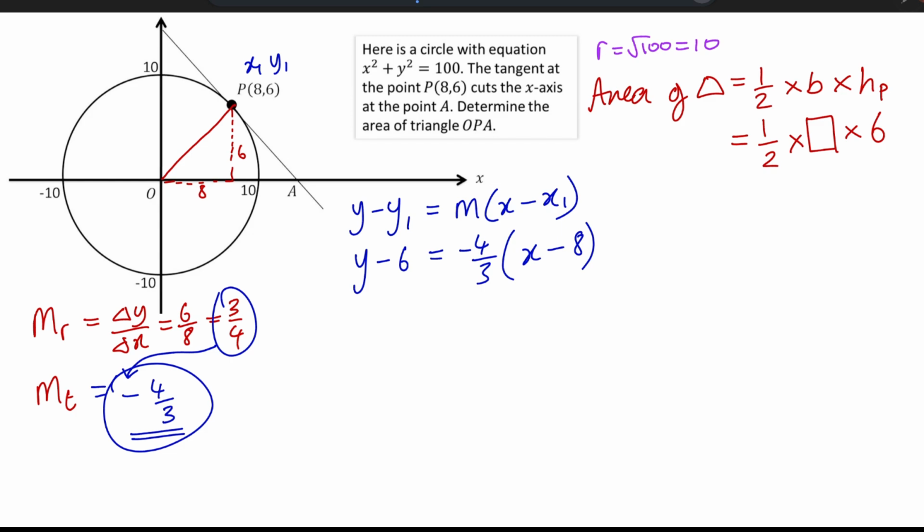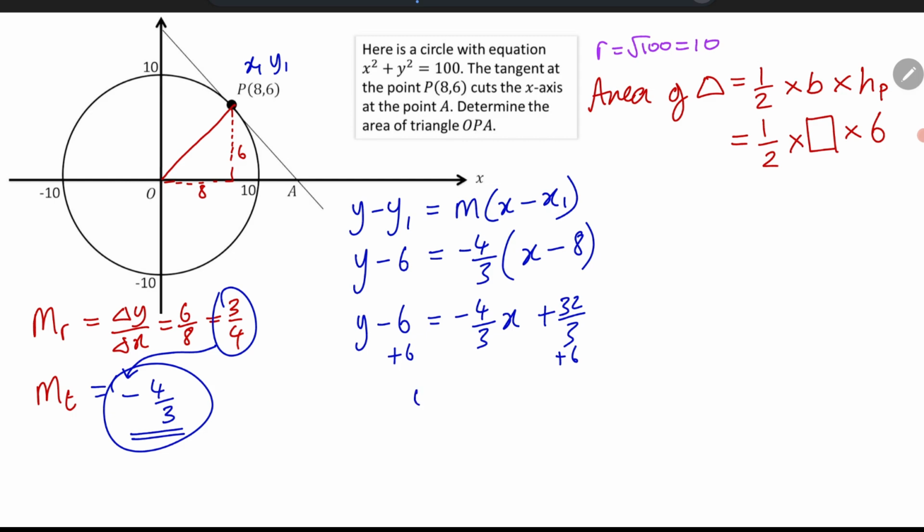So we're going to expand this all out. So y minus 6 equals negative 4/3 x plus, negative 8 times negative 4/3, which is 32 over 3. And then we're going to add 6 to both sides.